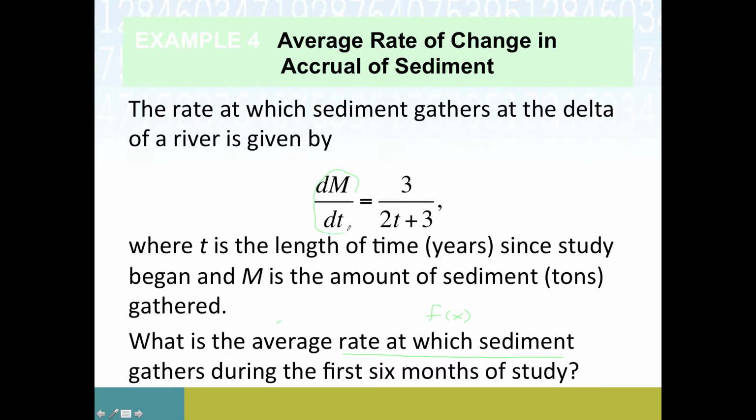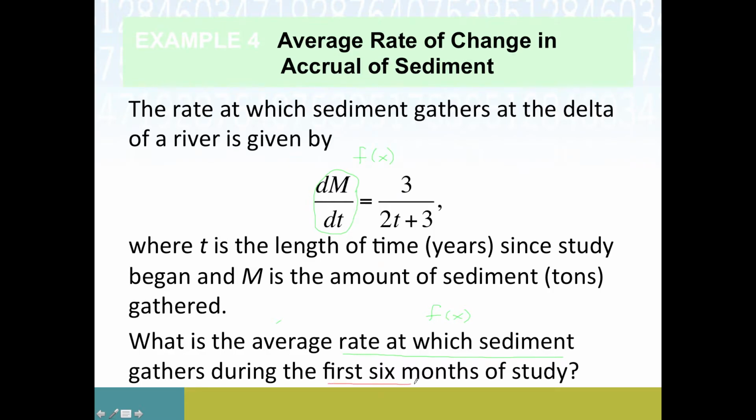So this is actually our f of x in this case, if we're looking back to our example from our definition from a minute ago. So we're looking for the average rate at which sediment gathers. And then the first 6 months of study, this is going to help us determine some values for a and b.